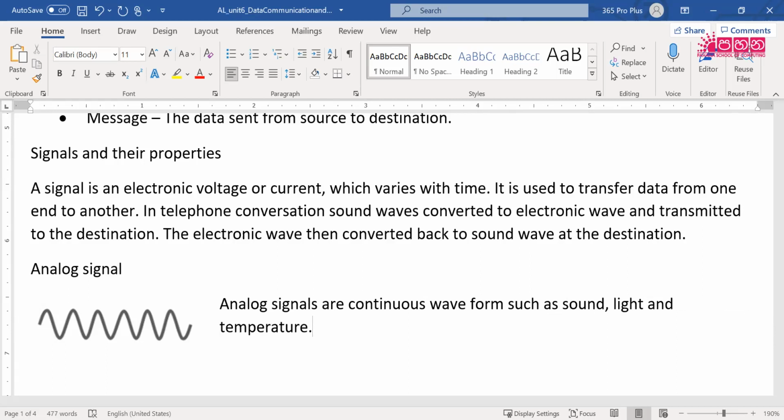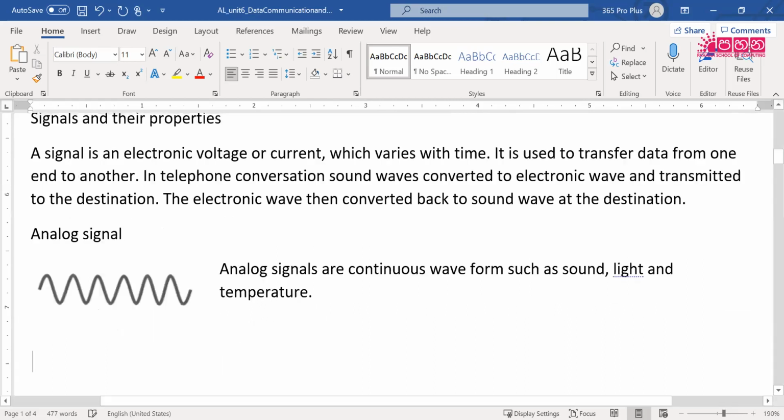These waveforms like sound, light and temperature will vary.